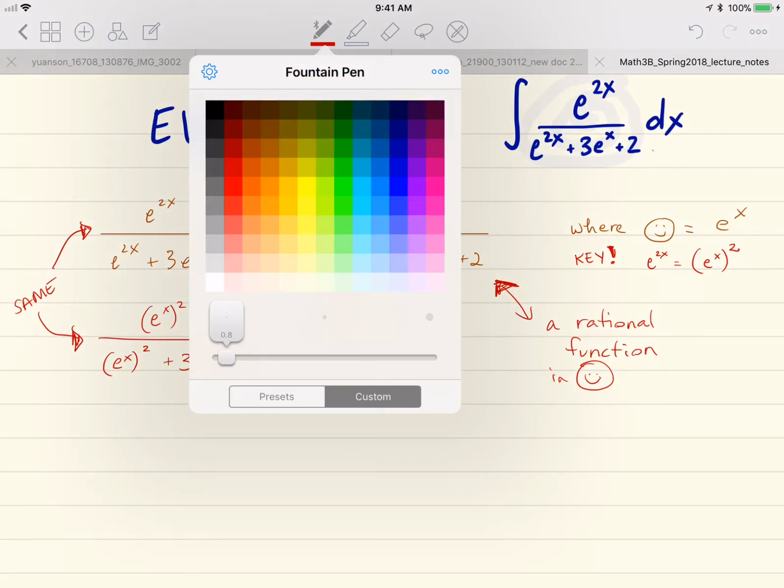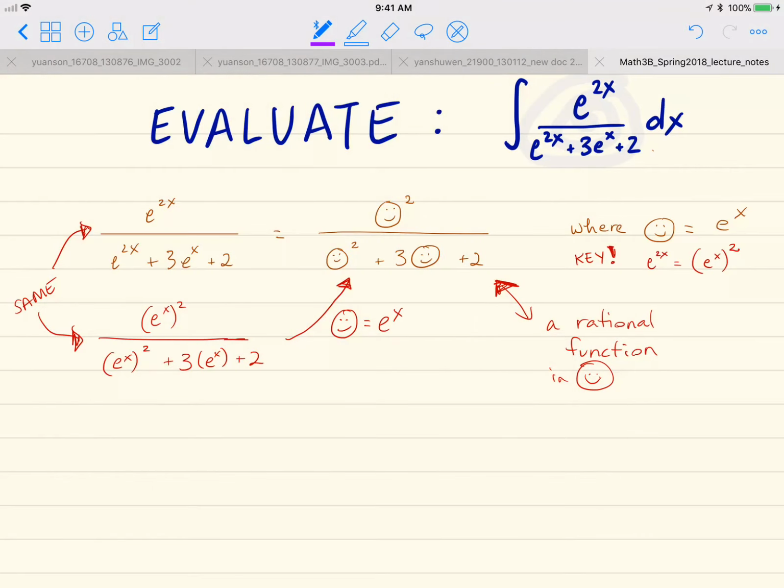So let's set up a u substitution. We're going to let u equal e to the x. Then du is going to be e to the x dx.